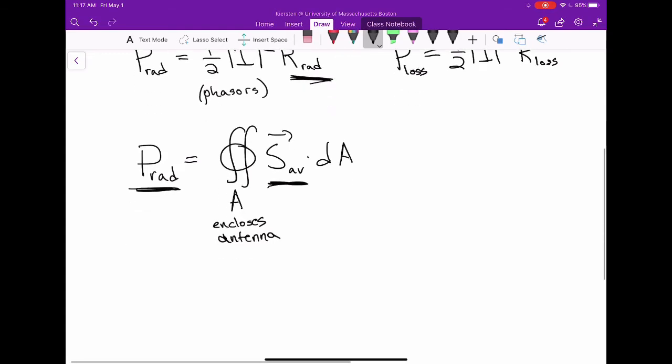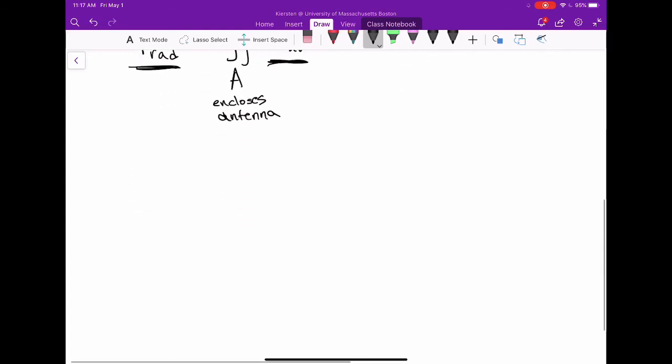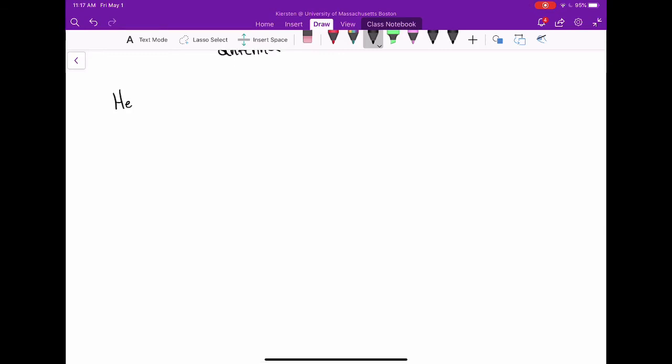How does this all come into play in reality? Let's go back to talking about the Hertzian dipole. Now, the thing about a Hertzian dipole is it's not actually a physically realizable antenna.